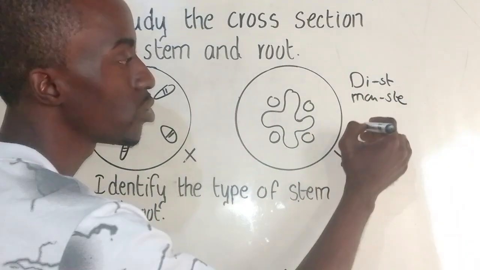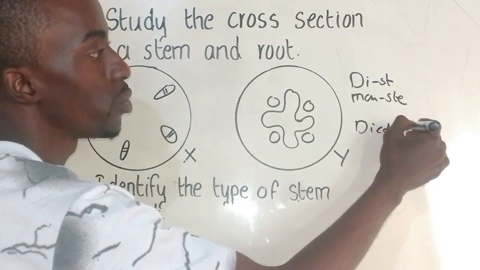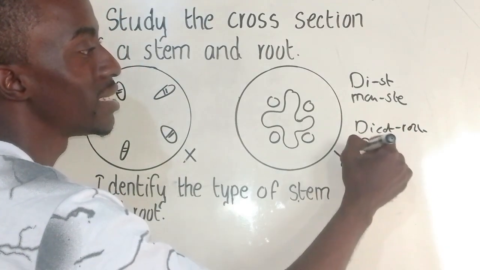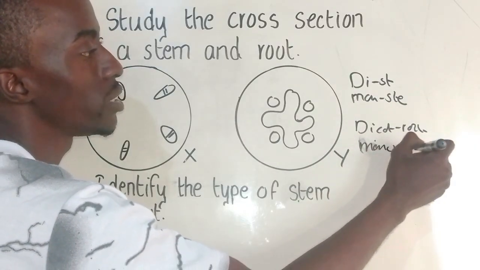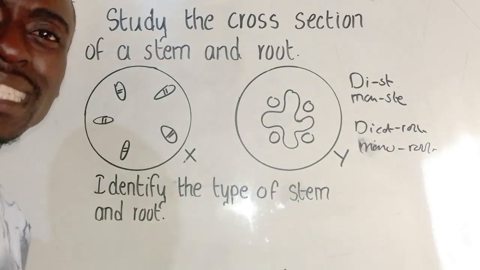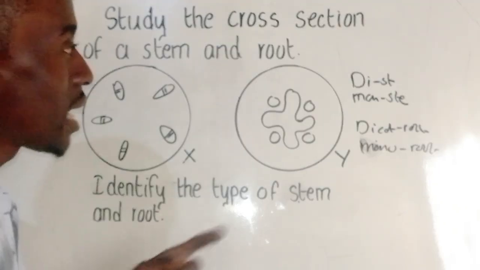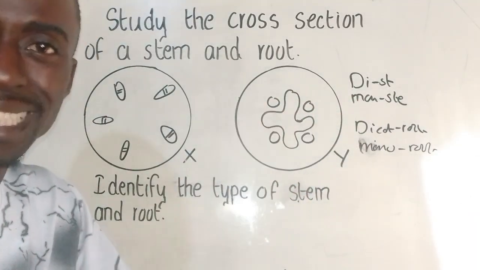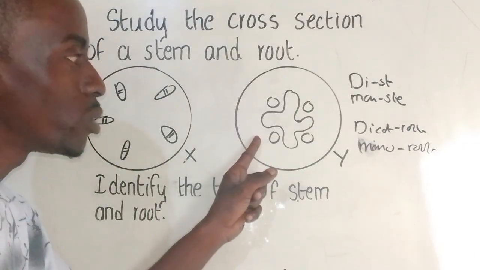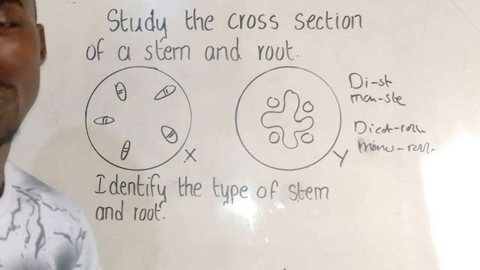Now again, we have the dicot root and the monocot root. So when it comes to a stem, it may be in two forms: either the dicot stem or the monocot stem. When you talk about the root, it may be a dicot root or a monocot root.